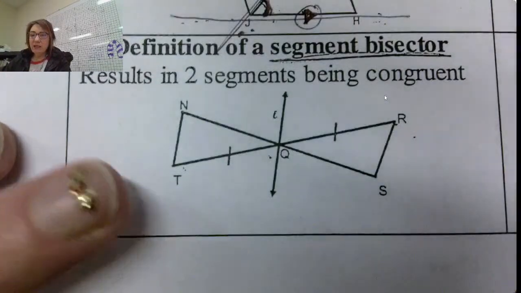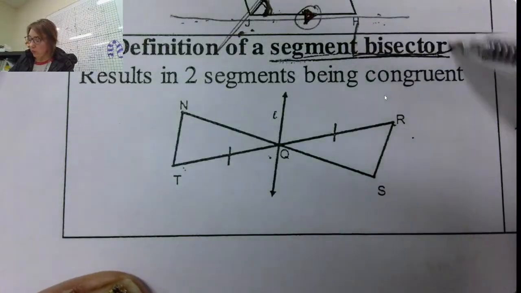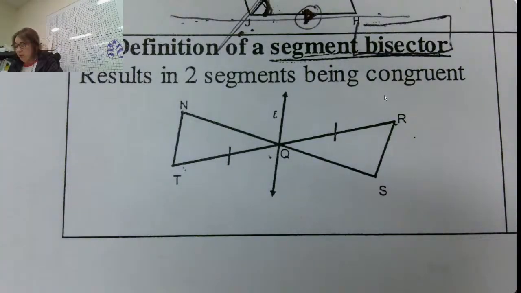We haven't talked about segment bisectors, but we've talked about the word bisector. And what does the word bisector mean? Bi means two. But when we say bisector, what does that mean? If it's an angle bisector, segment bisector, perpendicular bisector, what's it doing? It's splitting something into two equal parts.